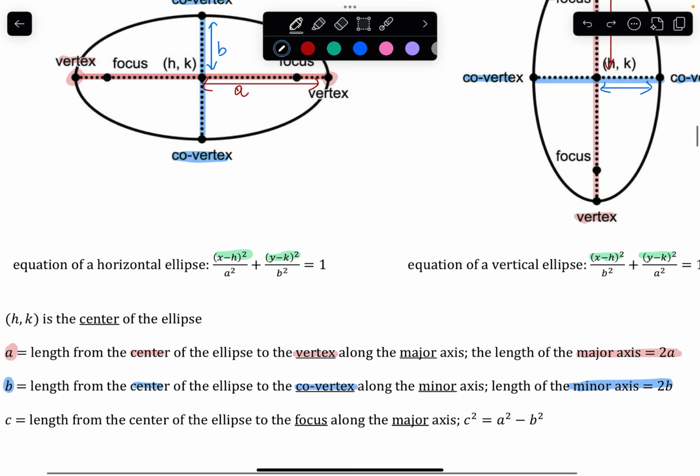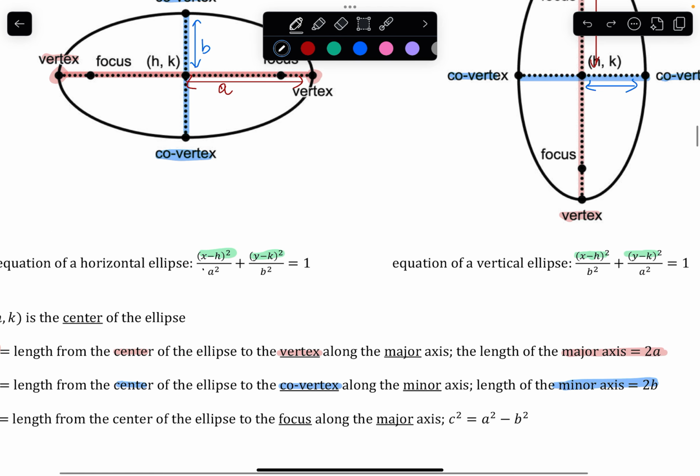And so the value under your x is always going to be your horizontal distance, your horizontal radius, if you want to call it a radius. And then the number under y is always going to give you the vertical radius, regardless of whichever one is bigger.